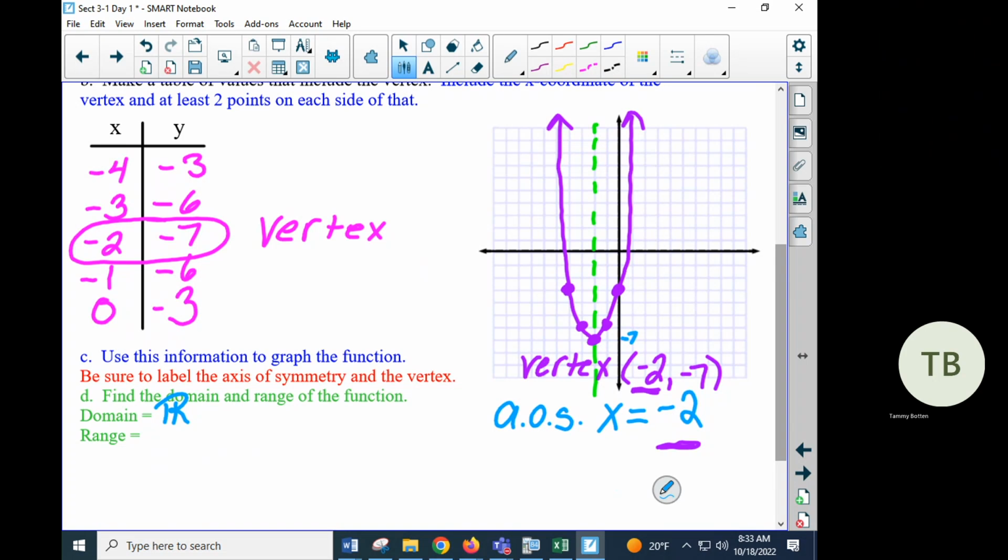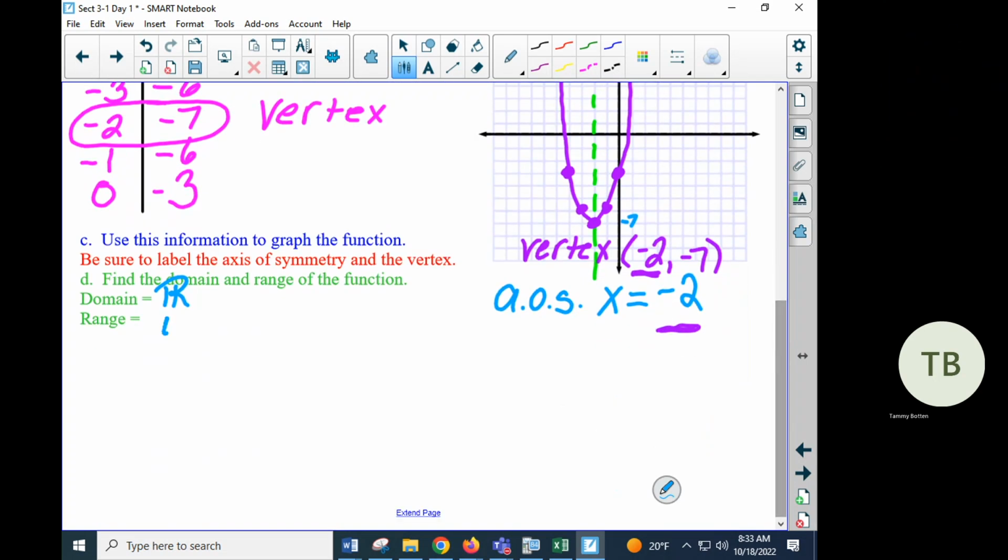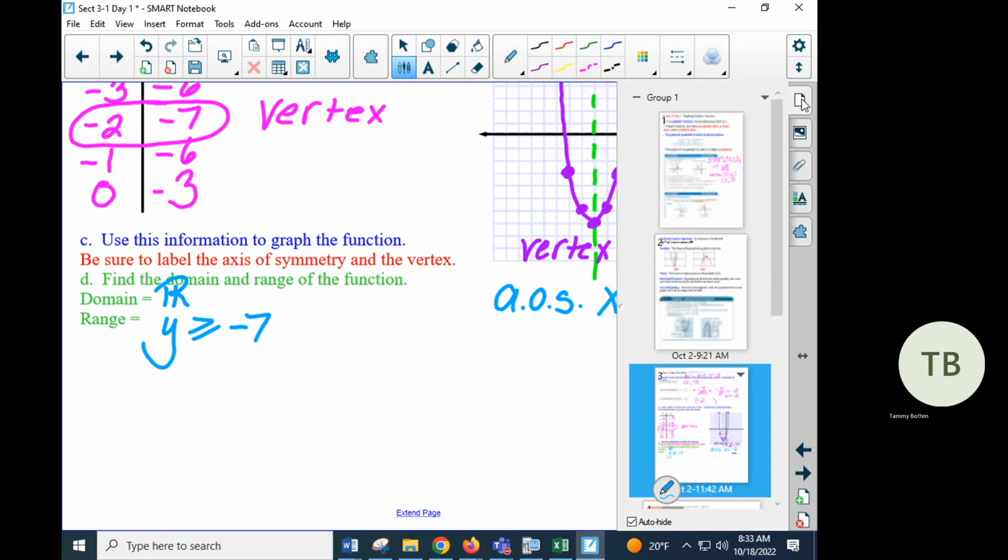So my range works for all y's greater than or equal to -7. So I'd say y is greater than or equal to -7. If your graph opened down, it would be y is less than or equal to whatever the point is. Okay? Questions on that?